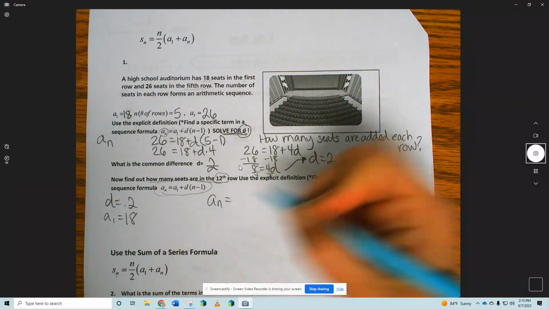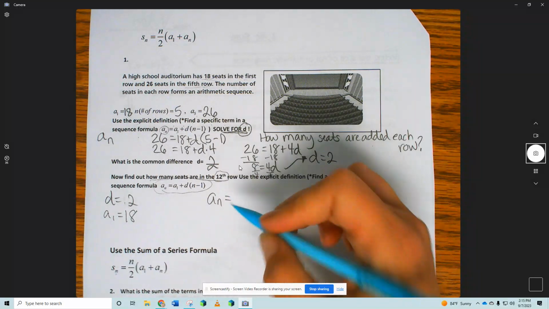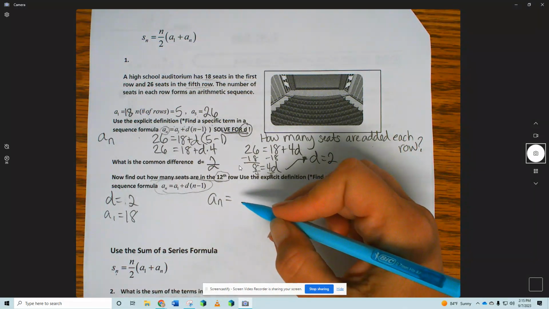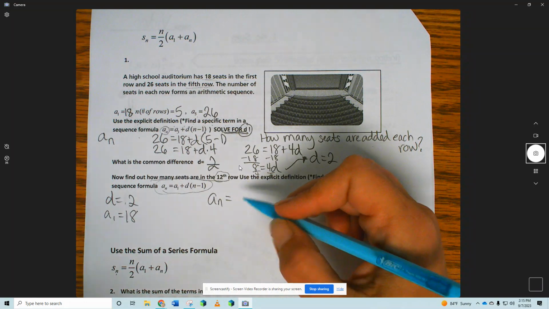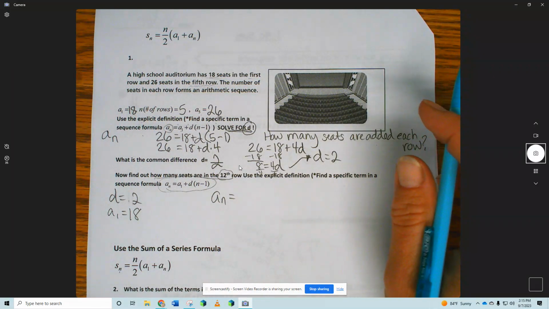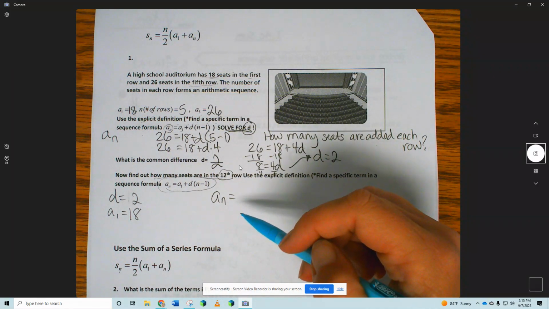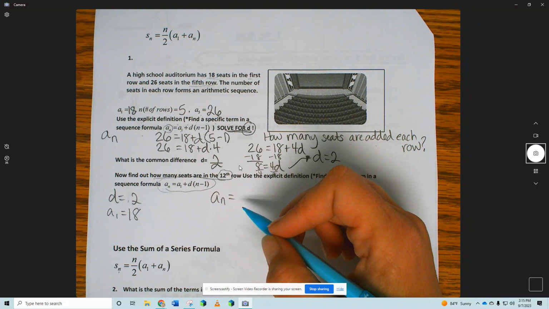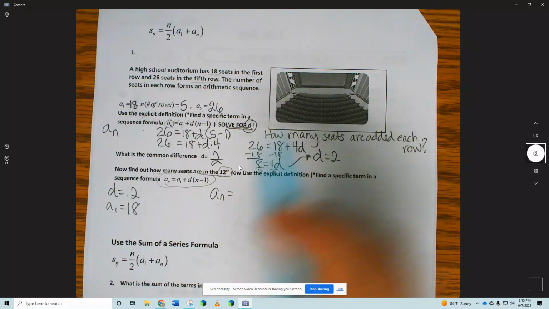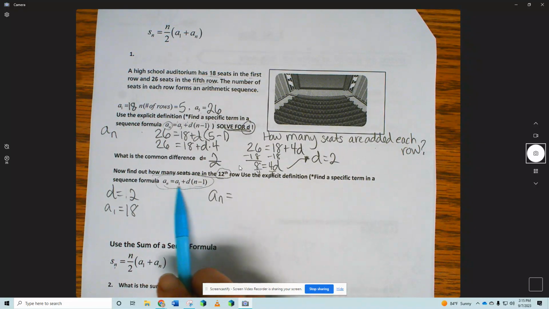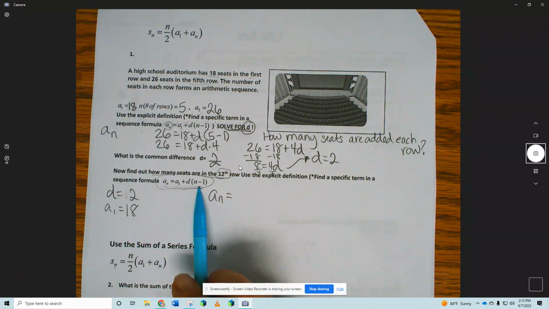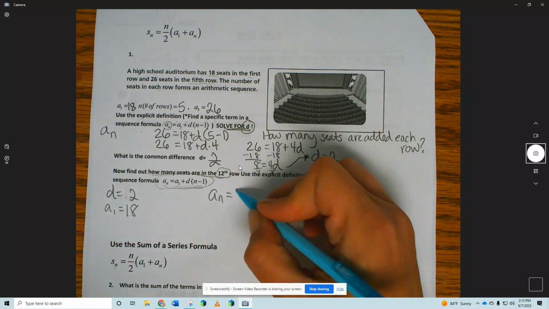A sub n equals what? I got 30. It's more than 30. But what formula did you put? What's the first number? What's A sub 1? Here's the formula, guys. No, there's 18 in the first row.